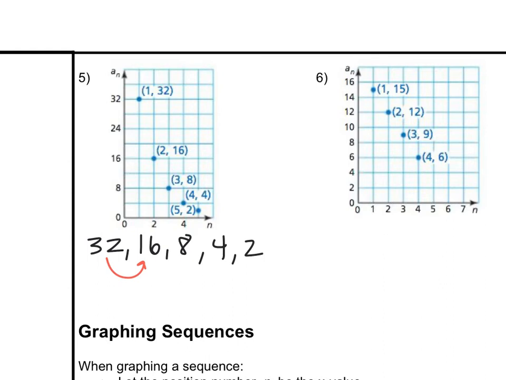Jordan, what's the pattern? Pattern is 1/2. Yep. It's multiplying, so here's your common ratio. Since it's multiplying, what do we call it? Geometric.